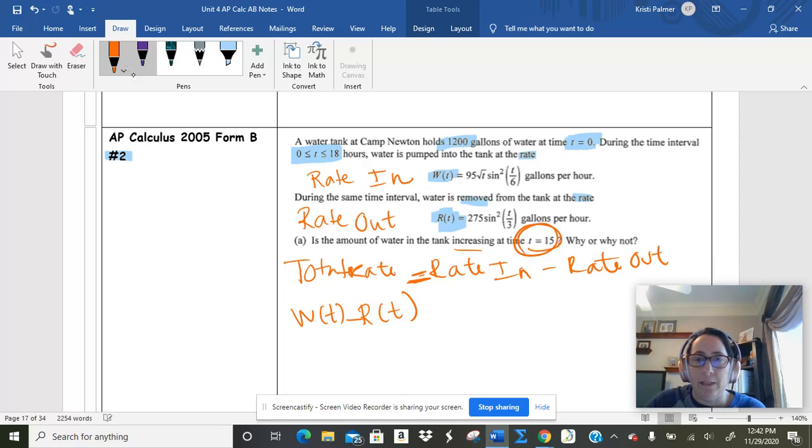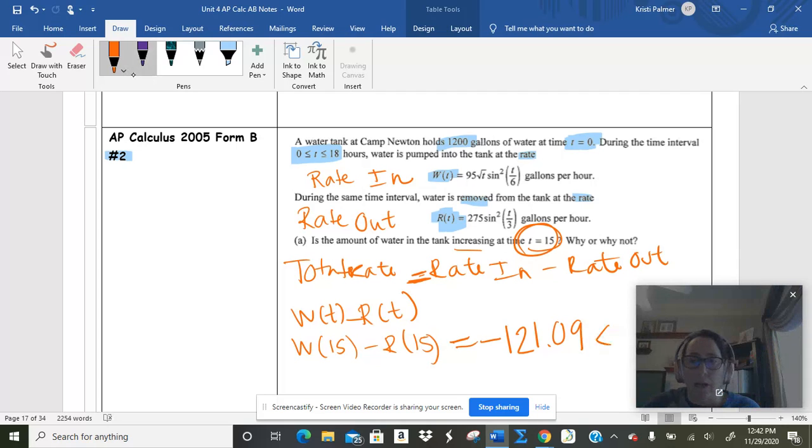And I want to know here at T equals 15. So if I get a positive answer, remember these are already rates, so I don't need to do any derivatives to them. If I get a positive answer, we're increasing overall, and if I get a negative answer, we're decreasing overall. So when I plug this in, make sure you get this, don't just copy me, I get a negative answer.